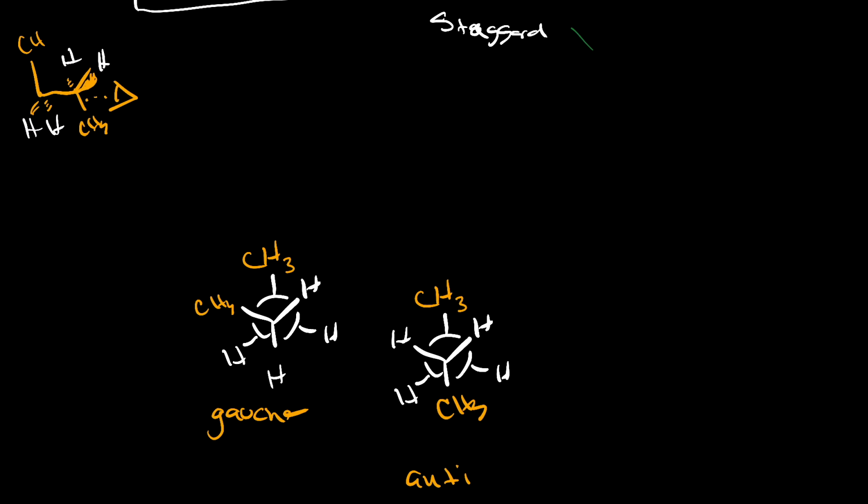So let's actually rotate this way. And if we do that, what we end up with is a CH3, and we then look at the back CH3, and that back CH3 is also essentially eclipsing the front CH3.